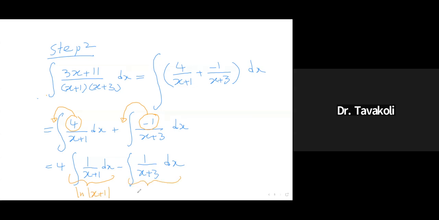And this integral is ln of absolute value of x plus 3. So that's the absolute value sign. Let me write it properly. And then the final answer that I want to type in this box is going to be 4 times ln of absolute value of x plus 1 minus ln of absolute value of x plus 3. And then since it's an indefinite integral, a plus c at the end is needed.